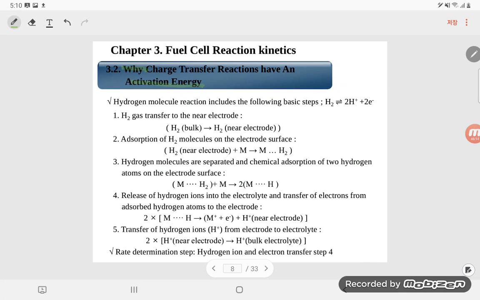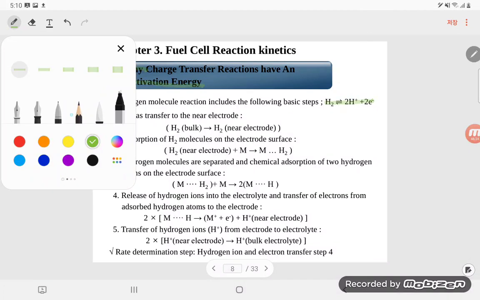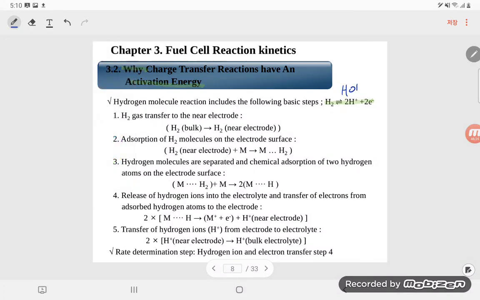And the hydrogen molecule reaction includes the following basic steps. This is only for the HOR. The first step is the H2 hydrogen gas transfer to near the electrode. Okay, if there is a metal, this is the electrode, this is the metal atom, and the hydrogen gas should approach near this electrode.